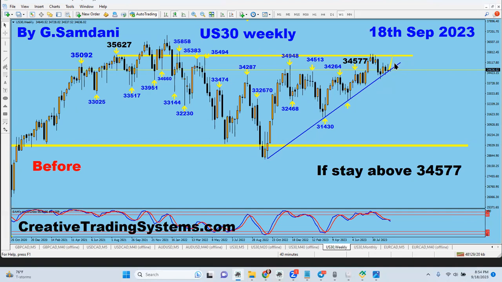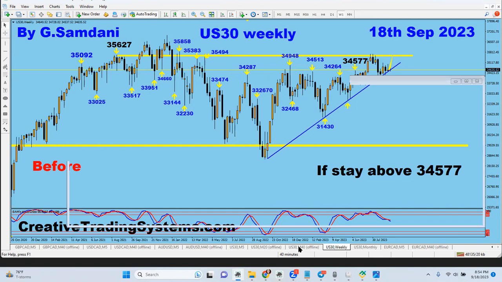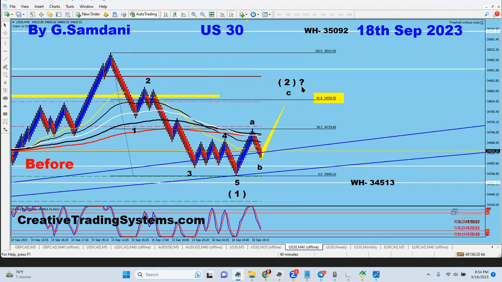I have my system to find the entry, so I'm going to use it, and my subscribers will use my magic IV system or setup, and we will take it to the upside. But if in any case it decides to go down, then we are ready and we know what is cooking here. It looks like this, and then drop. So I'm ready for this, no problem.